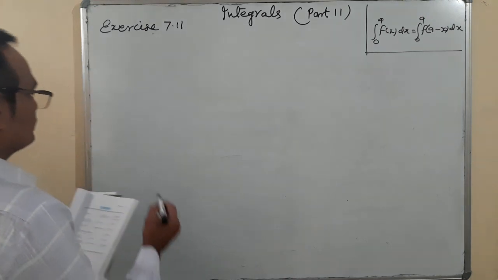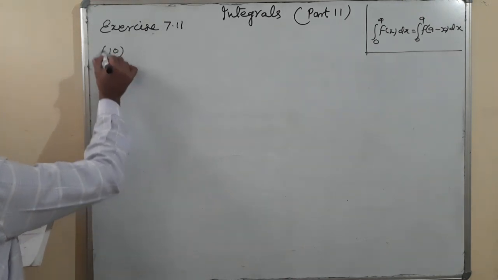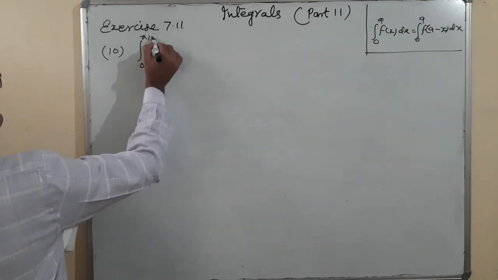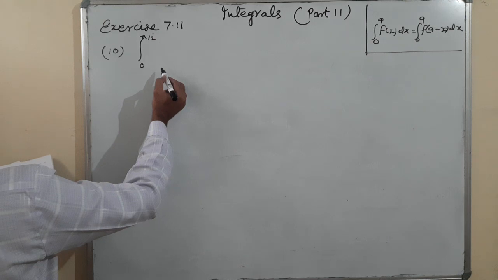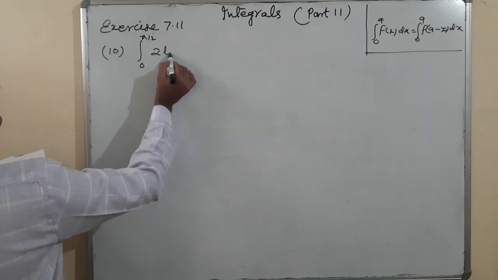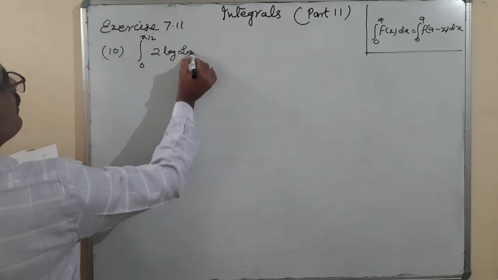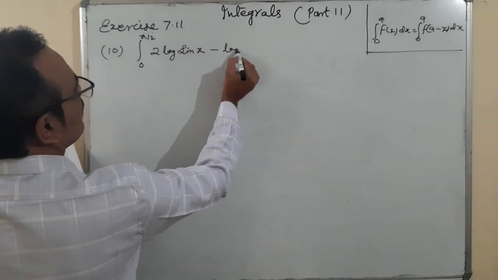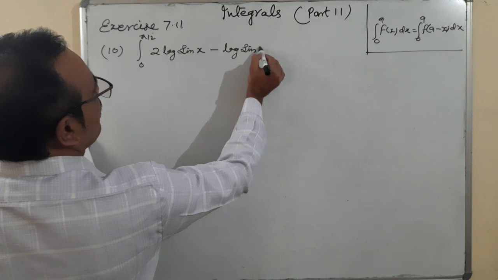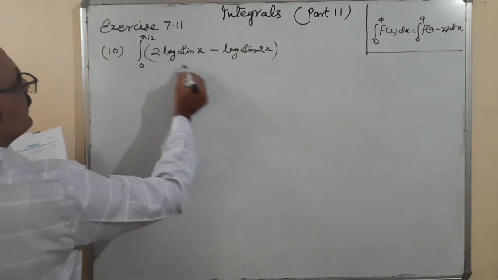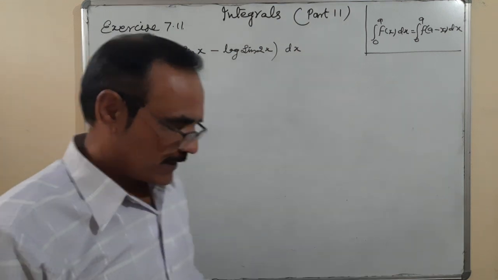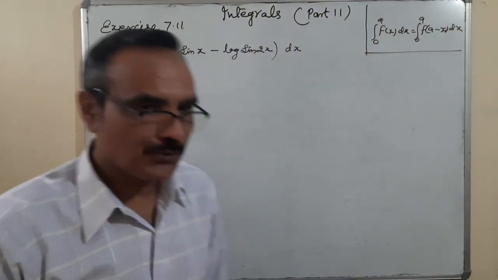Question number 10. Integral 0 to pi by 2 of 2 log sin x minus log sin 2x dx. Okay. 2 log sin x minus log sin 2x dx, 0 to pi by 2.